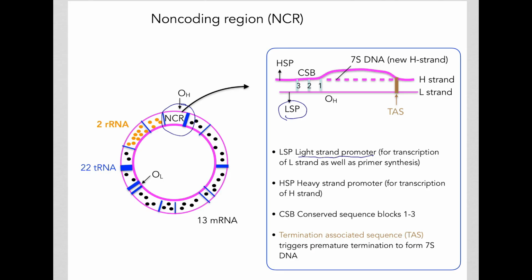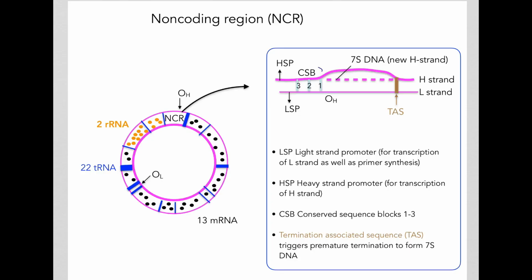The LSP is used for transcription of the L strand, and it's also used for primer synthesis in replication. Then we have the HSP here. This is the heavy strand promoter, and this is only used for transcription of the H strand. It's not used for replication.